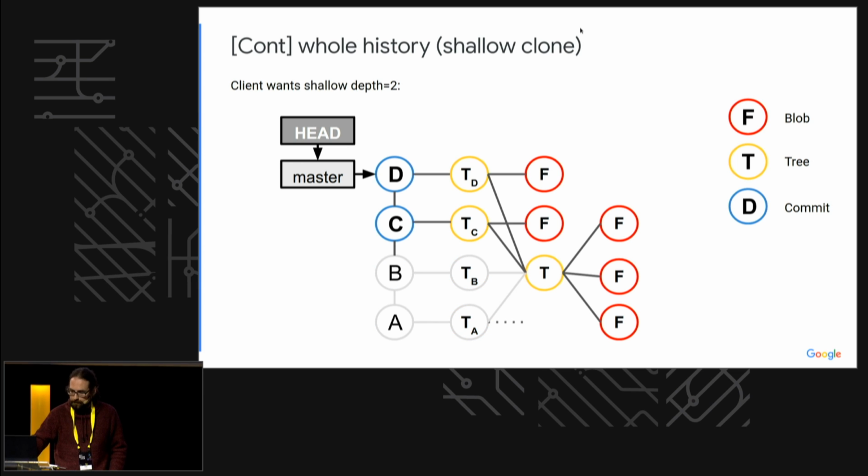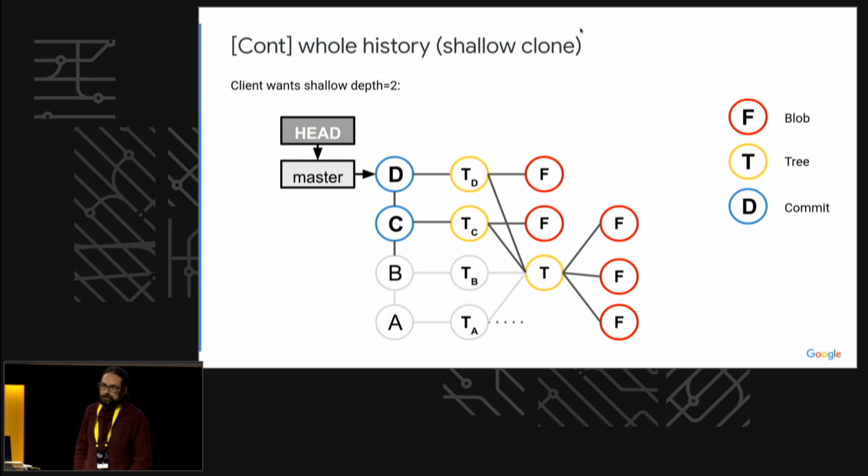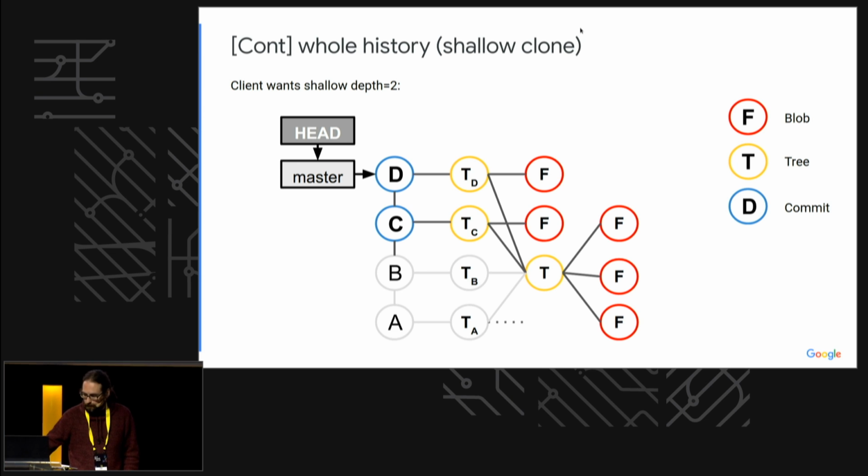When the client says, I want just a shallow copy of this with a depth of 2, it will receive just commit D, commit C, and everything hanging from there. Everything else in the repository will disappear. In the graph it is only a few points, but this can be a long history with a lot of other objects, and it can save a lot of space in the transmission.